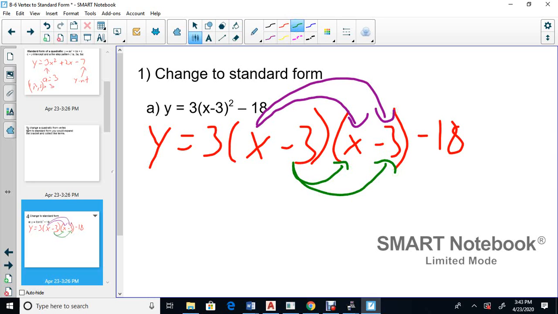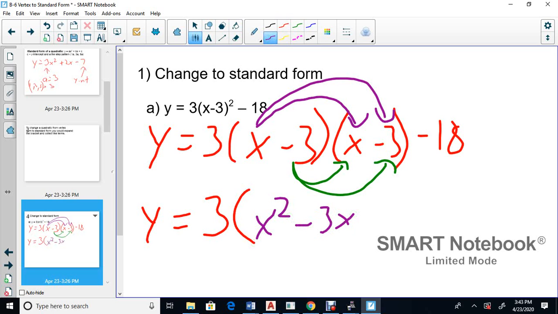So let's go back. If you forget how to expand, you go y equals, just leave that 3 alone. So using the purple here, x times x is x squared. X times negative 3 is negative 3x. Then we'll use the green. Negative 3 times x is negative 3x, and negative 3 times negative 3 is plus 9.